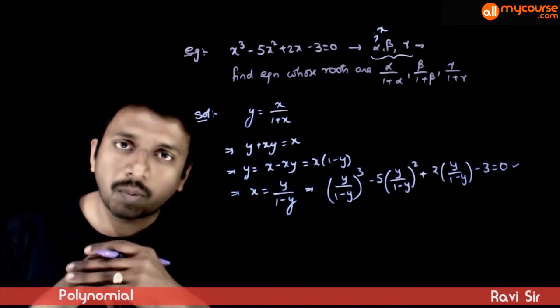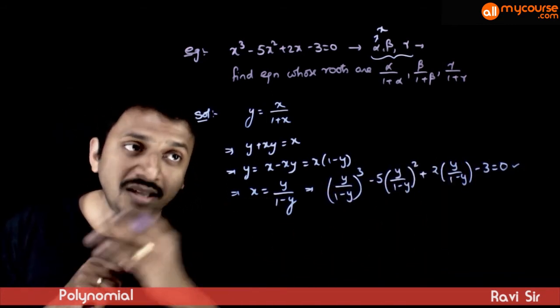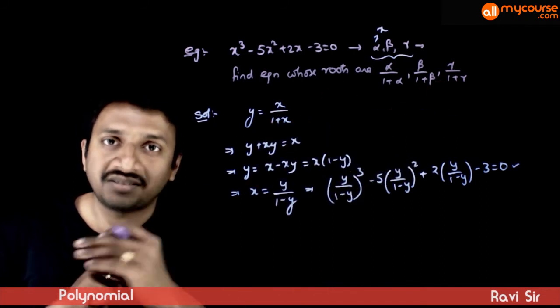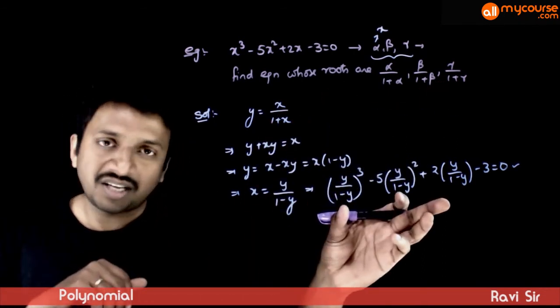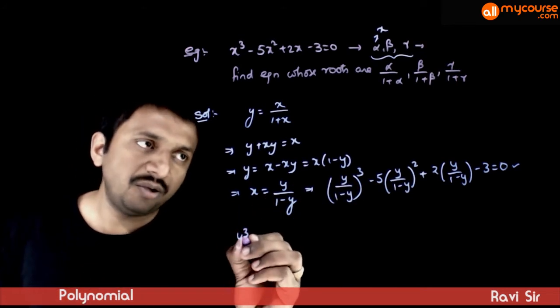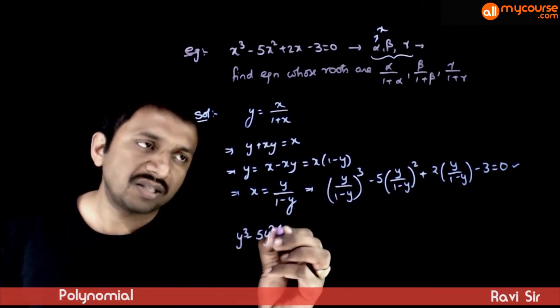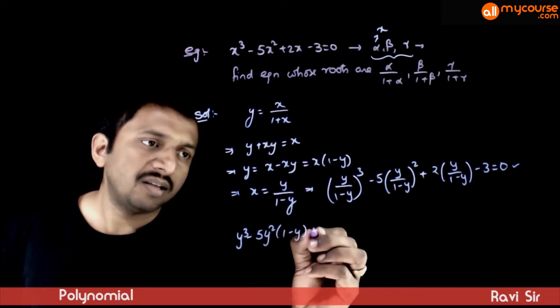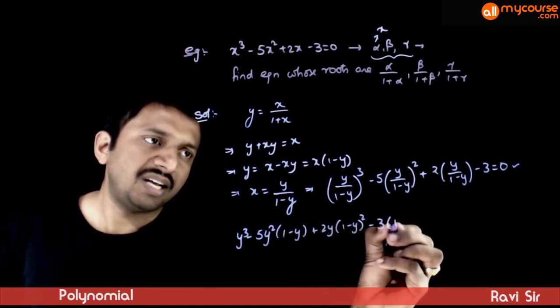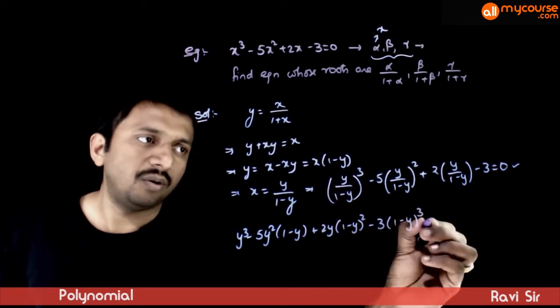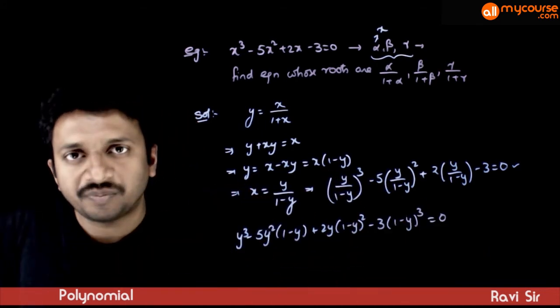So this is the required equation in y whose roots are these three. Now we just need to simplify this. So let us take the LCM. So you get y cube minus 5y square times 1 minus y plus 2y times 1 minus y whole square minus 3 times 1 minus y whole cube is equal to 0.